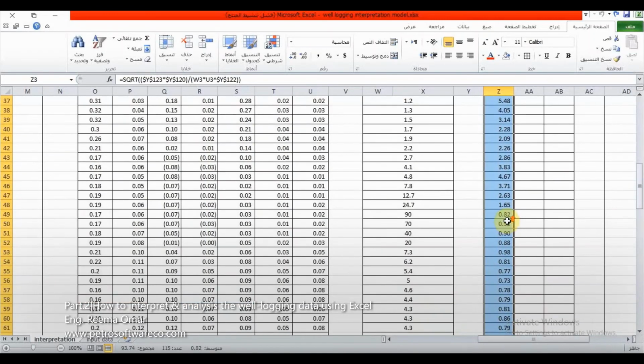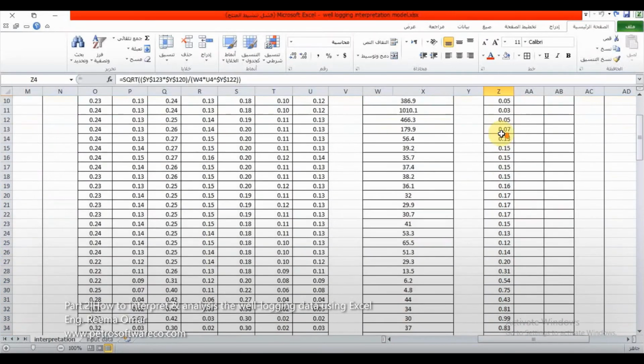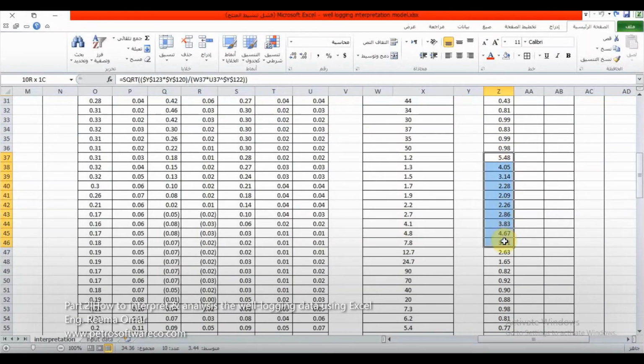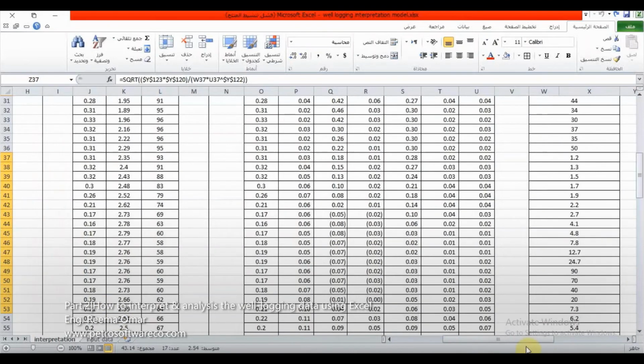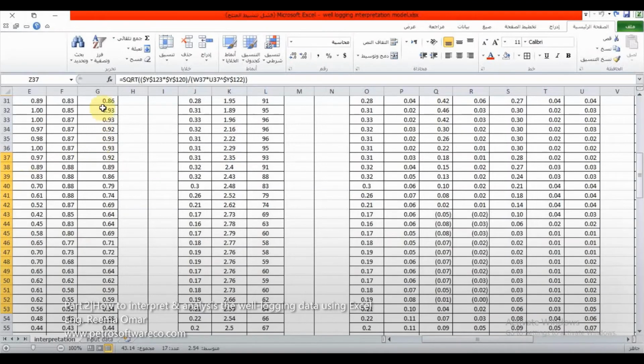So this is the water saturation. In this interval the water saturation increases, you can see, as the effective porosity decreases, and here you see the shale volume increase.